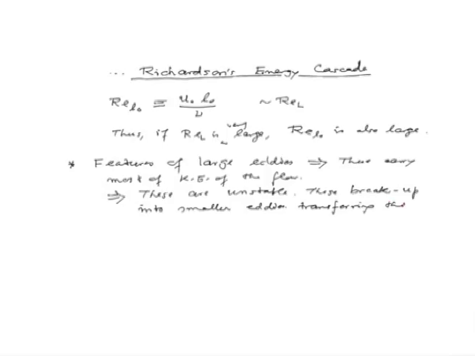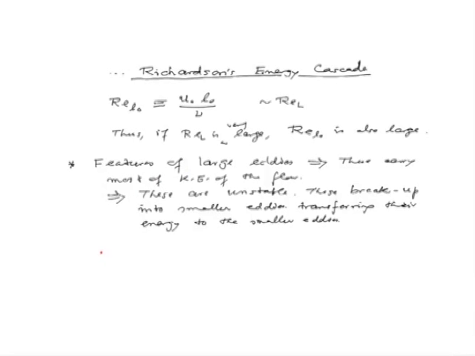And in fact, it does not stop at one level, it continues. Energy is transferred from one large eddy to the next smaller one, in which it breaks up, to further smaller ones, and so on. So, there is what we call a cascade of energy. That is what Richardson termed the energy cascade.